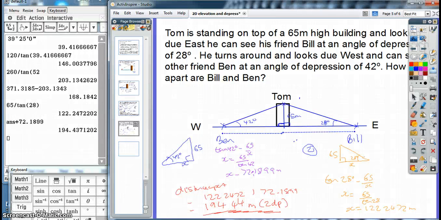Okay, so what we've got here is the triangle over here, 65 metres high, angle of elevation of 28 degrees, because it's the same as the angle of depression. If we work that out using tan 28 equals 65 over x, we get 122.2472 metres.